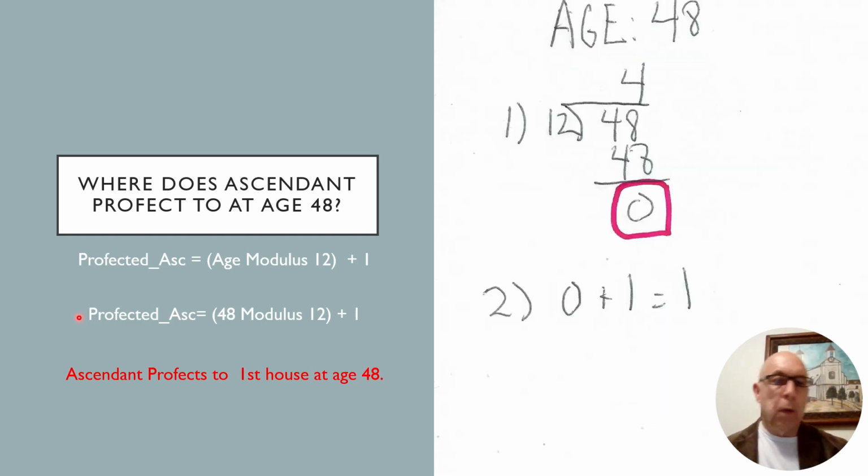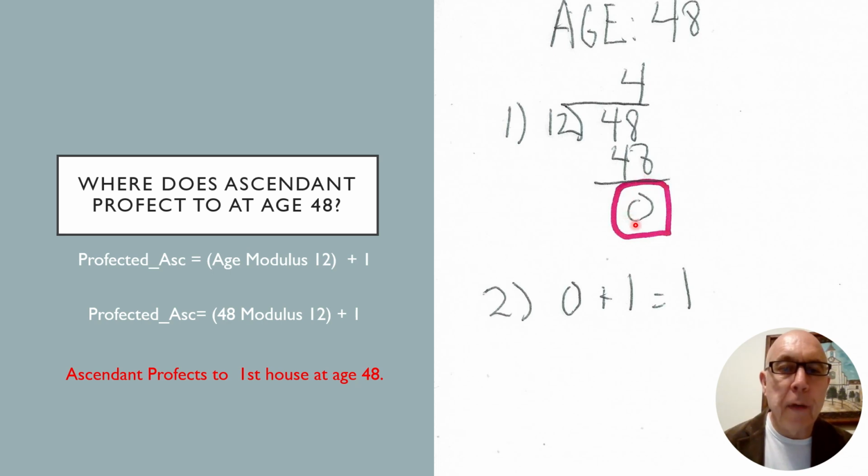Okay, so here's the answer. Where does the ascendant perfect to at age 48? Well, we use our formula again. Perfected ascendant is 48 modulus 12, and then we add 1. So we go over here. 48 divided by 12 is 4. Well, 12 into 48 goes 4 times.